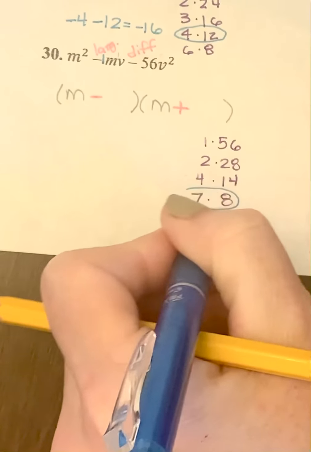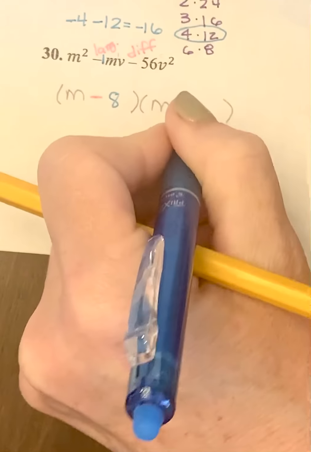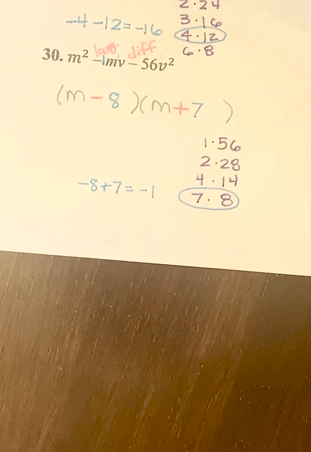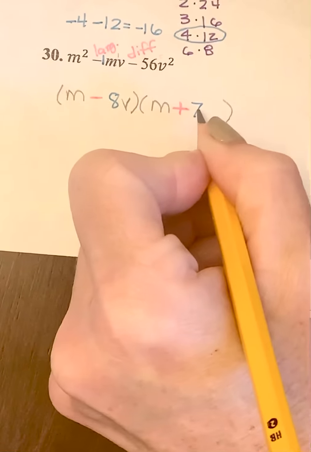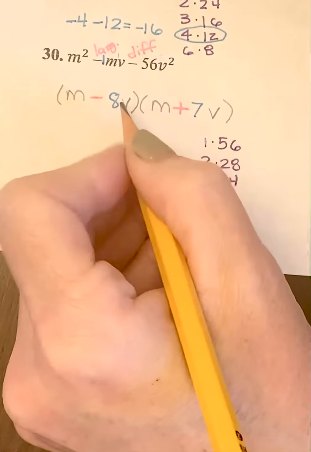So a -8 plus 7 will give me a -1. That's how I know it's going to be an 8 and a 7. But if I go to use FOIL and multiply this out, I need it to be a -56v squared. So I'm going to put a v with both of these.